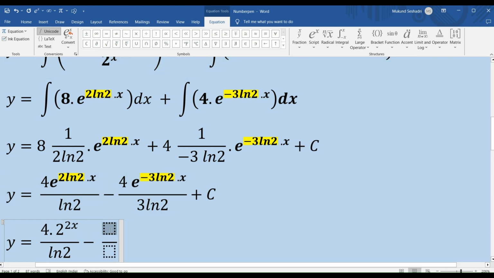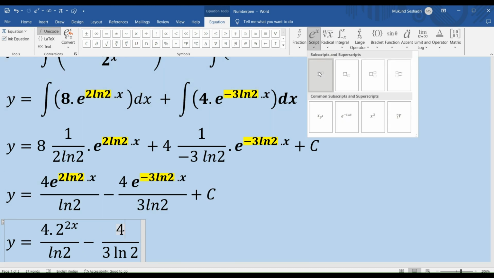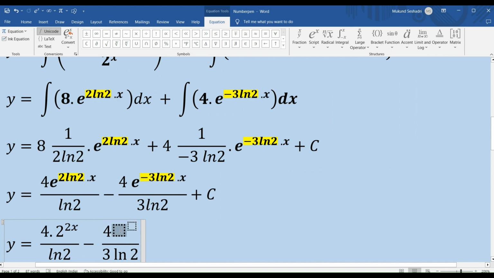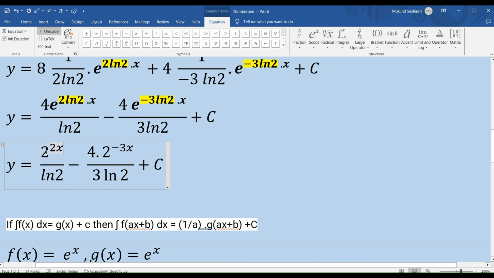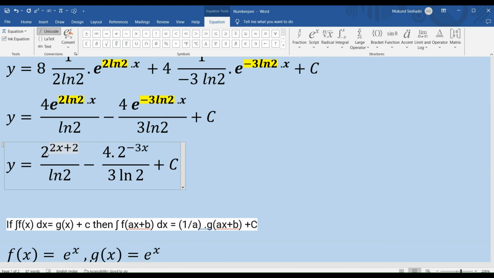Again, we do something which is very similar. I will have e to the power ln 2 as 2, but this time I will have 2 to the power minus 3x. I know that my 4 can be expressed as 2 square, which means I will have a 2 square into 2 to the power 2x, which means I can rewrite this as 2 to the power 2x plus 2.